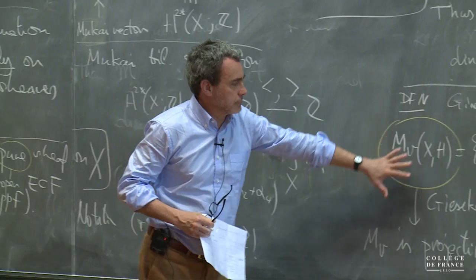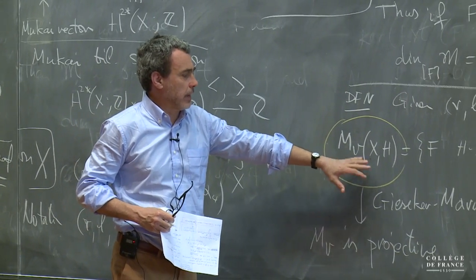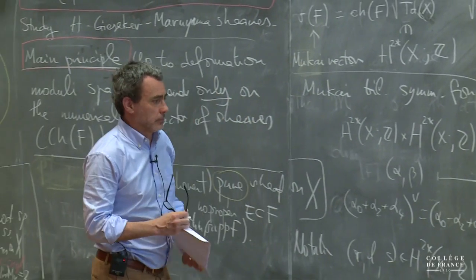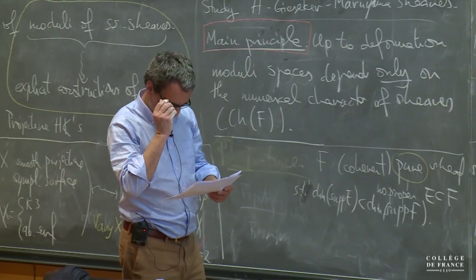This is a general result. Only here I want to index things for symplectic surfaces. This is valid for any smooth projective surface. Then Simpson generalized it to everything.